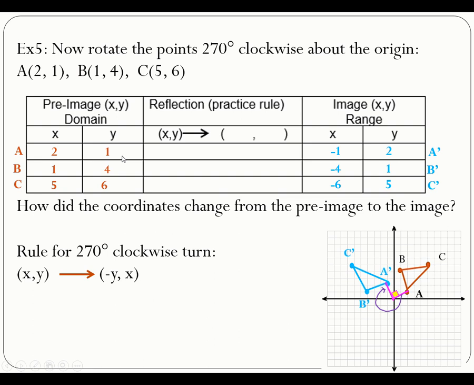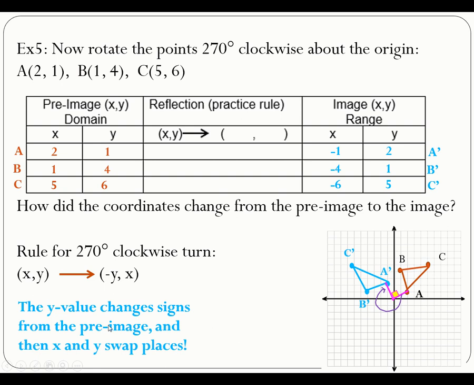Or you can think of it as making your y's negative, then flipping your points. Or another way to look at it is that you flip your points and the new x's change signs. So whatever makes sense to you, you do. So that's our rule. Again, the original y changes sign from the pre-image, and then x and y swap places. That's how I look at it.